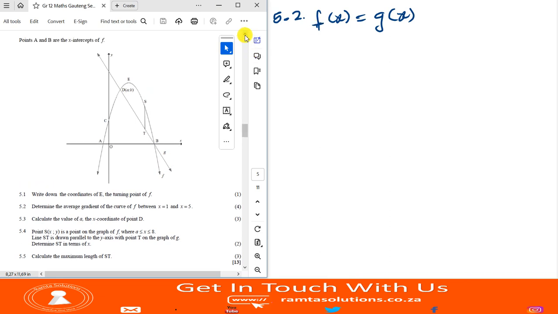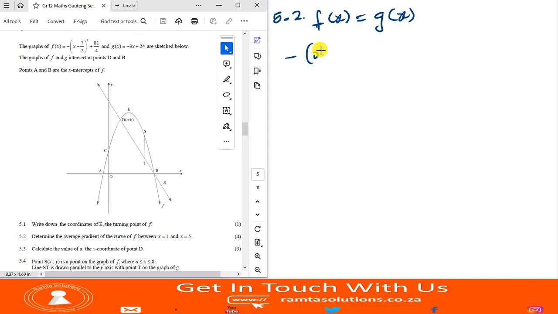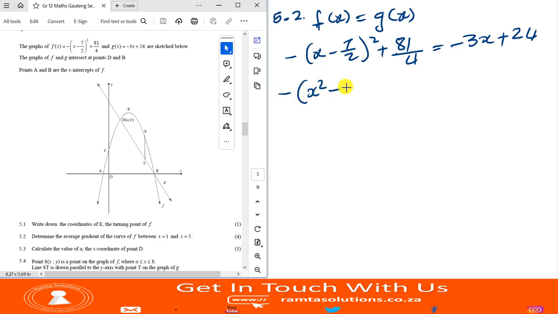What was f? f was negative (x minus 7 over 2) all squared plus 81 over 4, which is equal to g. What is g? Negative 3x plus 24. When I simplify this, it will be negative x squared plus 7x minus 49 over 4 plus 81 over 4 equals negative 3x plus 24.